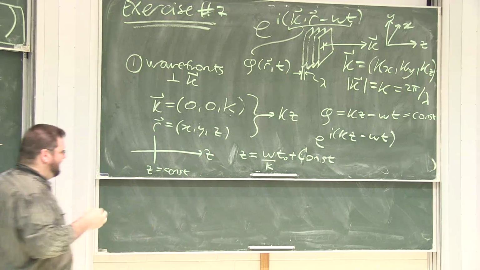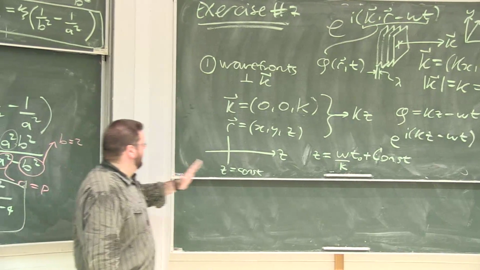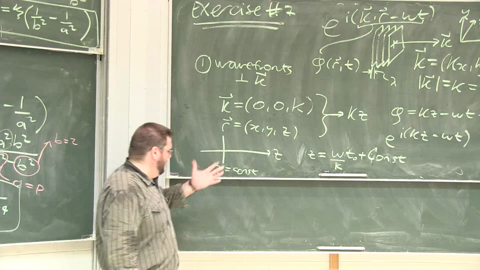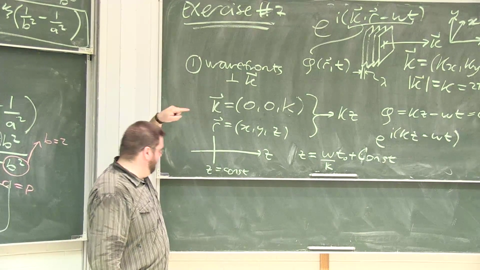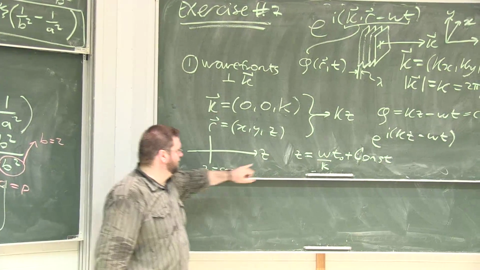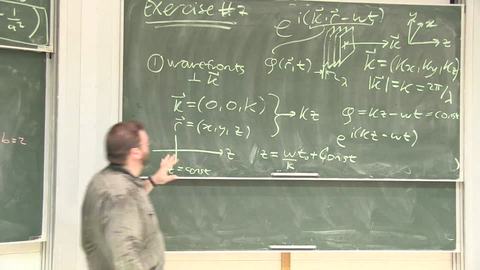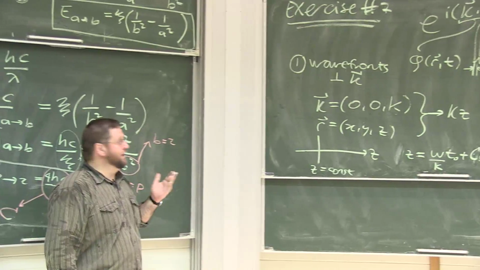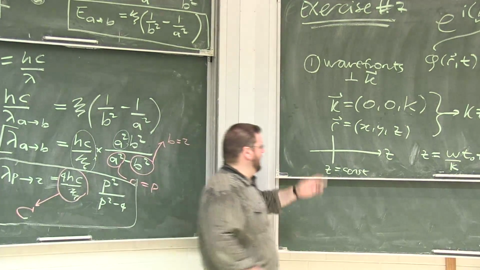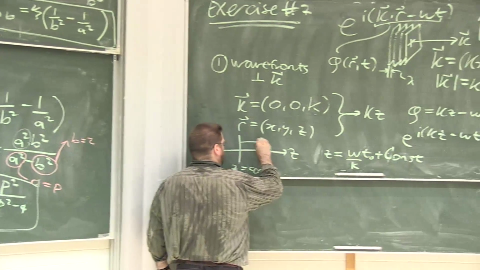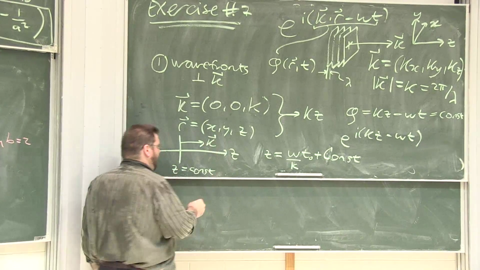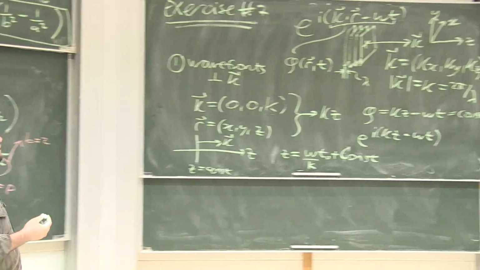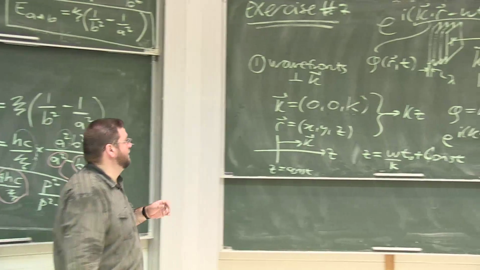And this defines a plane. Remember, we're in 3D. The plane z equals constant. You give me any x value, any y value, and a particular z value. z equals this constant. That defines a plane. This proves that the wave fronts are a plane perpendicular to the z-axis. But the z-axis is parallel to the wave vector k. So we've just proven that the wave fronts are perpendicular to the wave vector.